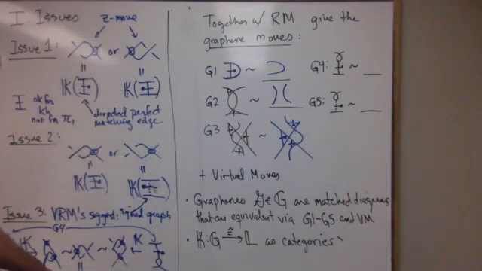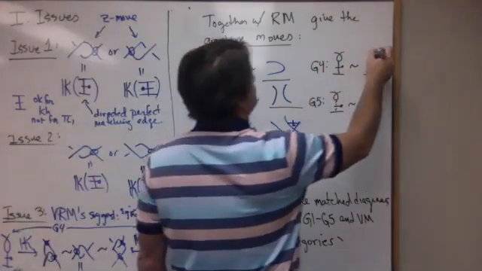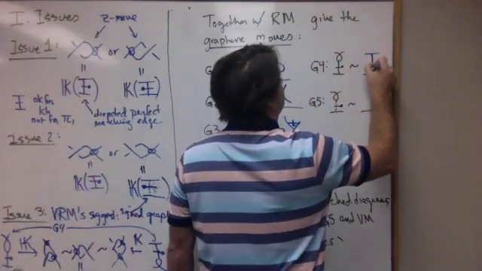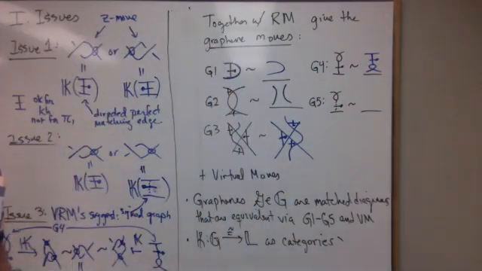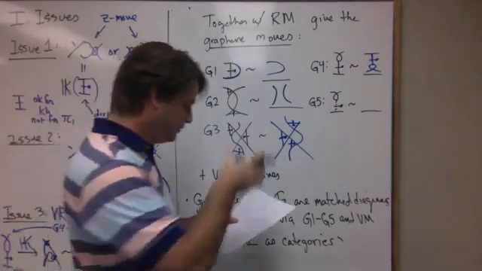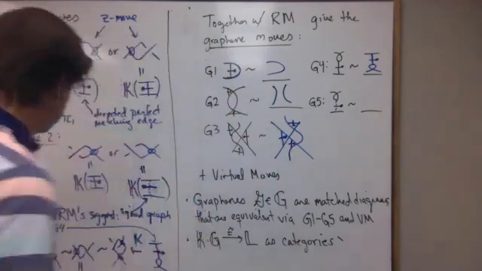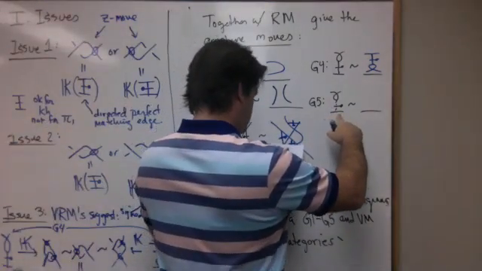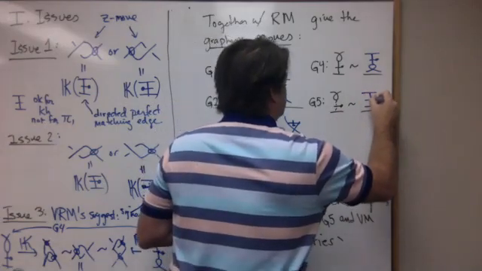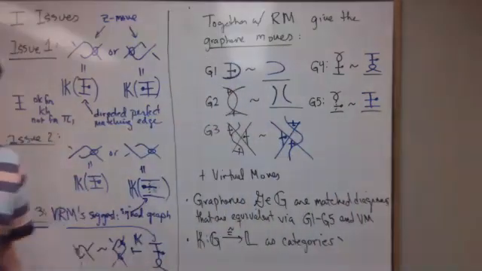We had a new move here, the G4 move that I just talked about, which allows you to take twists from above and move them down. And then the G5 move, which I also just talked about, which is I can replace a negative edge by a positive edge.